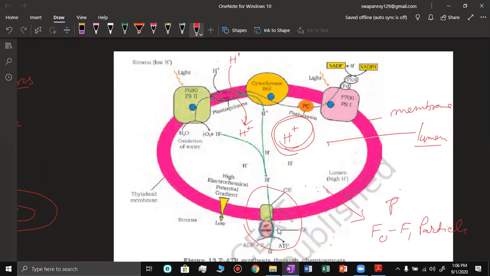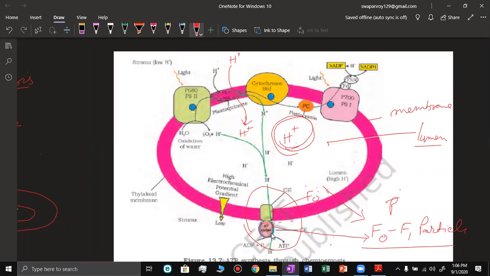This is the F0 portion, and this one is F1.